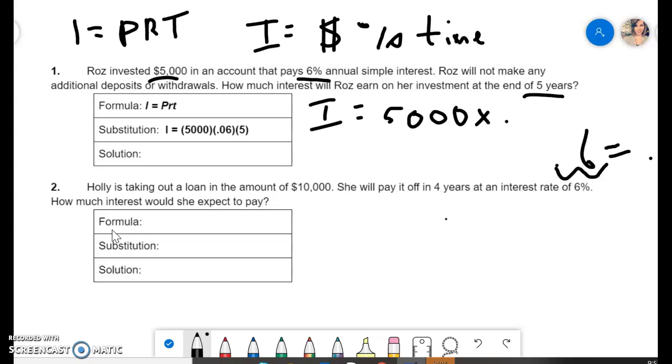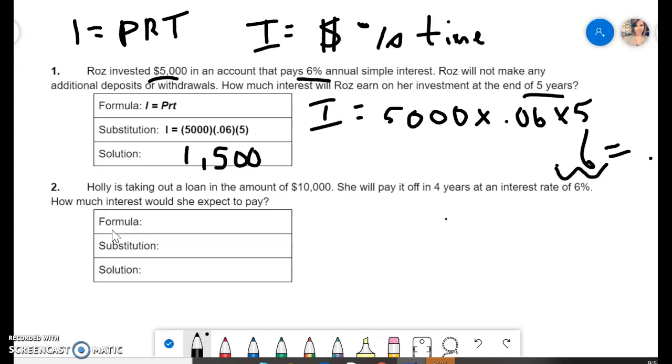So 5,000 times 0.06, time in years, it says 5 years, so 5 right there. You would literally go into your calculator, you could use your phone, it's nothing fancy, and type in 5,000 times 0.06 times 5, and you would get 1,500. That's the amount of interest the person's going to pay.